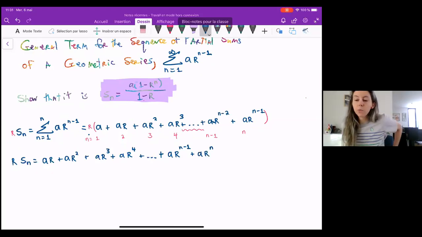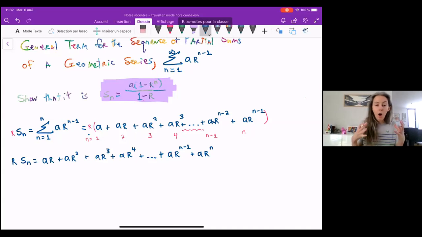Now what I see is that after multiplying by r, all of those middle terms are actually the same. So if I subtract these two things, I'll be able to eliminate all of those middle terms.